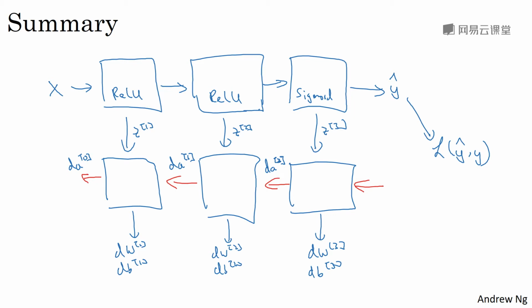This could compute dA0, but we won't use that, so you can just discard that, right? And so this is how you implement forward prop and back prop for a 3-layer neural network.